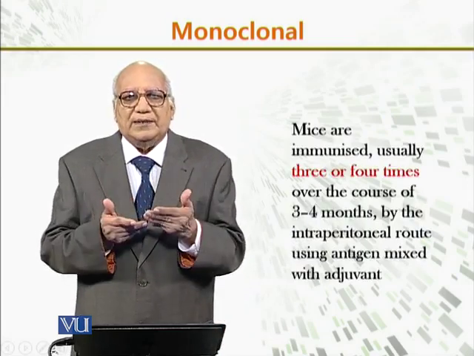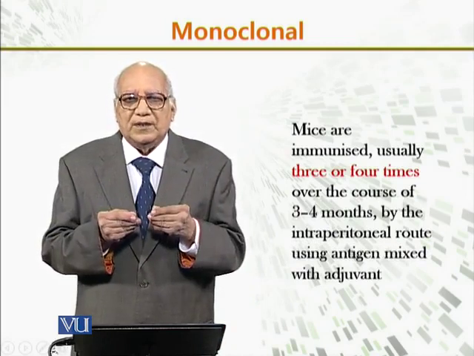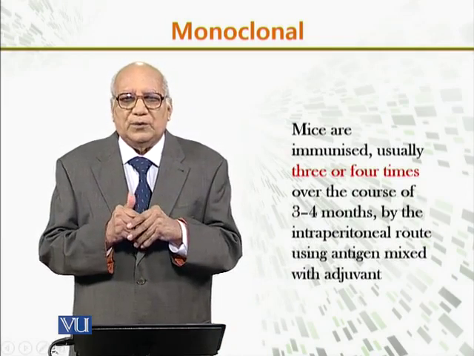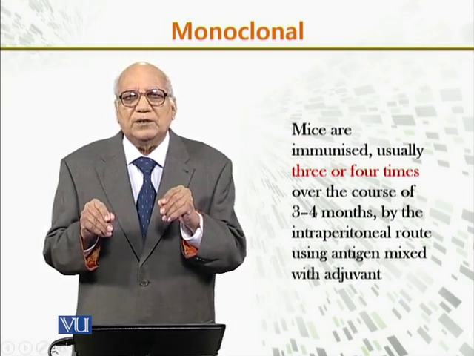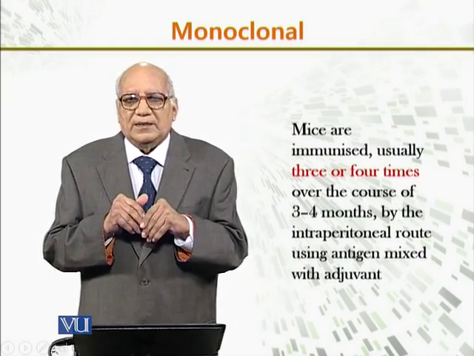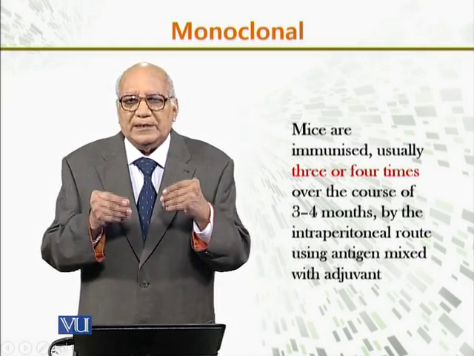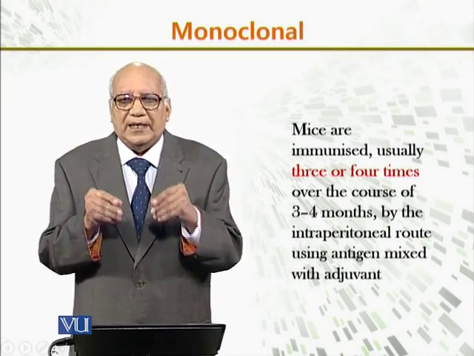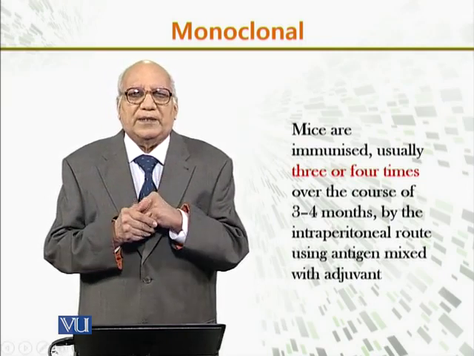Now, mice are usually immunized 3 or 4 times over the course of 3 to 4 months, by the intraperitoneal route, using antigen mixed with adjuvant.